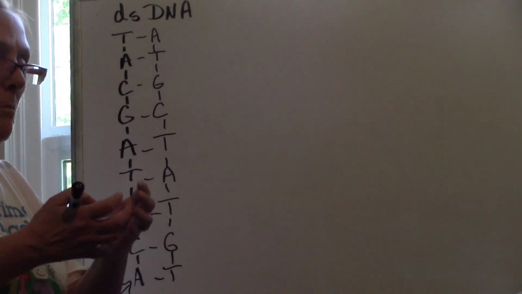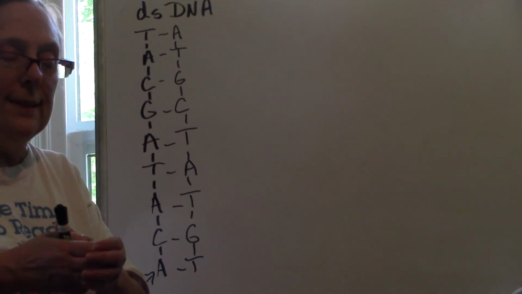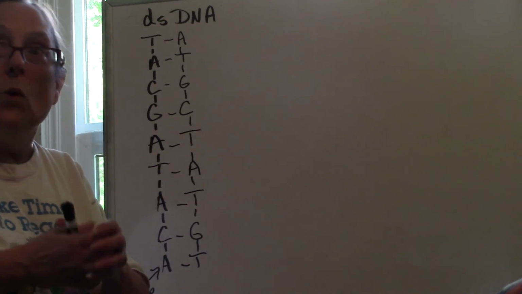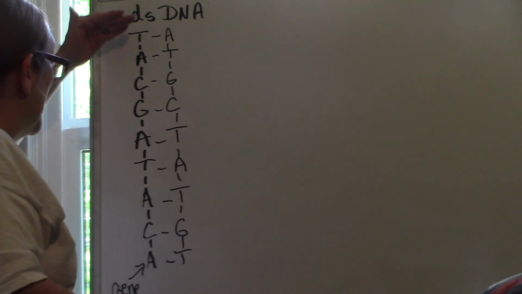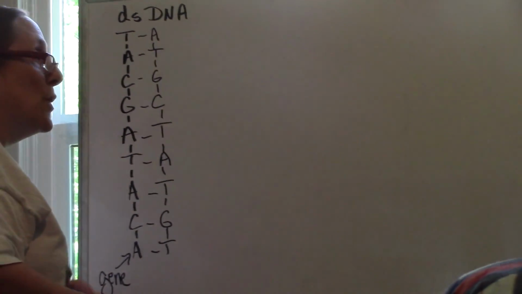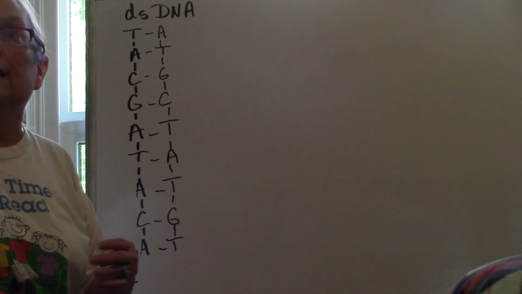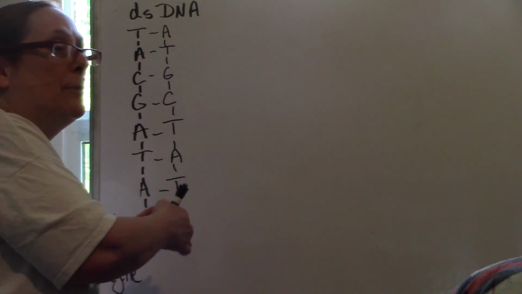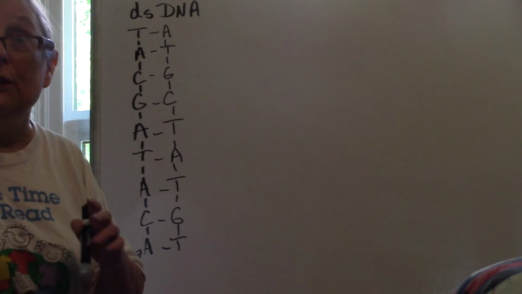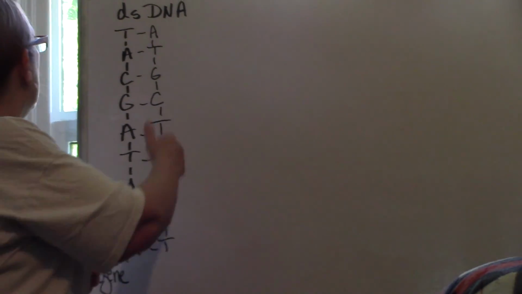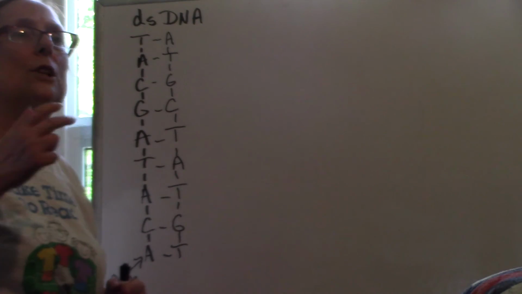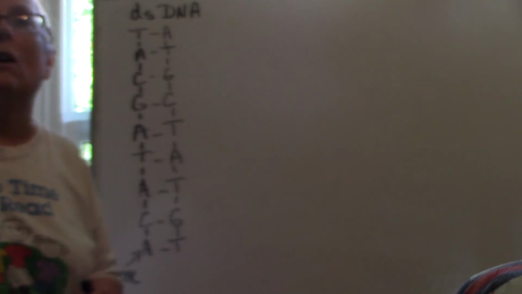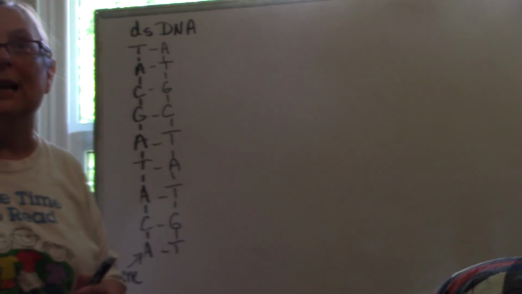But basically, if we can go with this analogy, let's look at one of those volumes. And this is part of one of the recipes that is in that volume. Now, we keep this in the library, which would be the nucleus in my analogy. We keep this in the library so that we do not get it all messy from cooking, from the actual process of adding the ingredients.